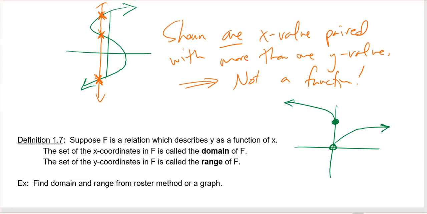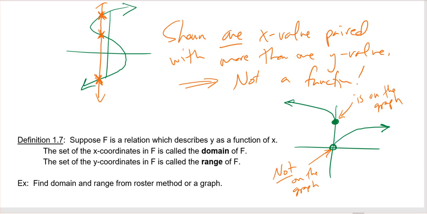Remember what the closed dots and the open dots meant, right? So this point is on the graph, and this point right here is not on the graph, right? That's what those open dots mean.